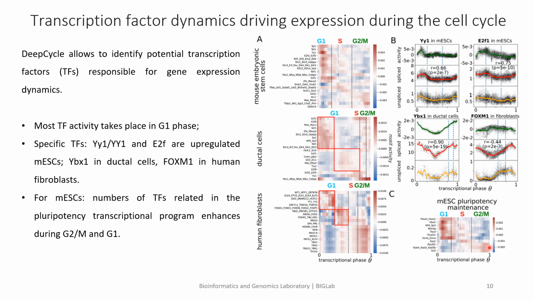Overall, the undifferentiated cells show a strong and unique wave of activation of transcription factors in G1 phase, and in contrast, in the more differentiated cell types, the activities of transcription factors across the G1 phase cluster into two groups.